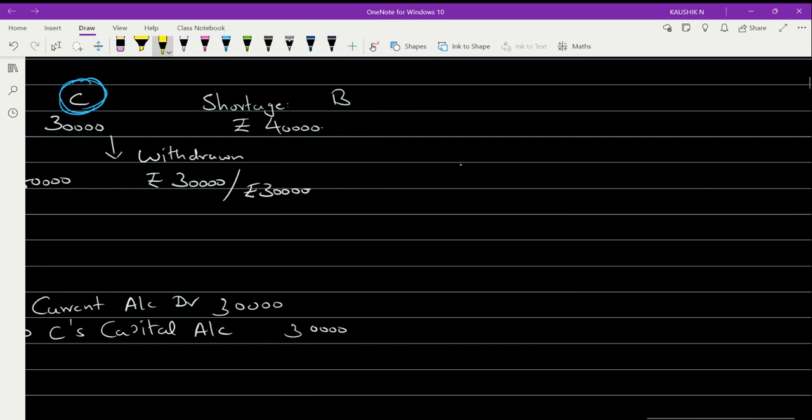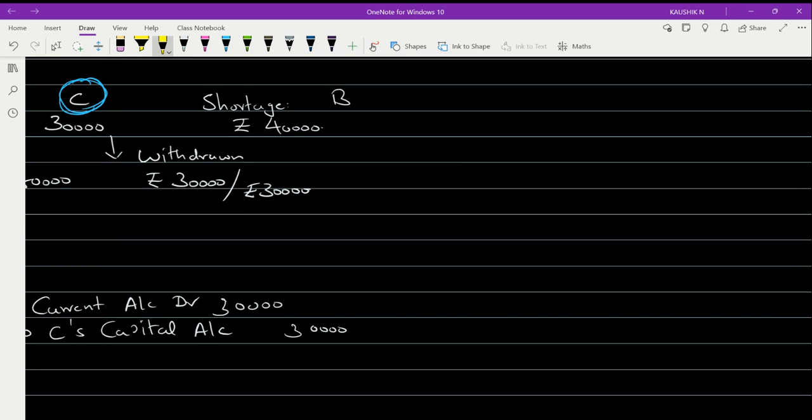Now, if a complete amount is withdrawn, what journal comes? We look at it separately and then we will merge. Okay, let us learn in that way. Now I have withdrawn completely, so what entry comes? Concerned partner's capital account debited to cash or bank account.